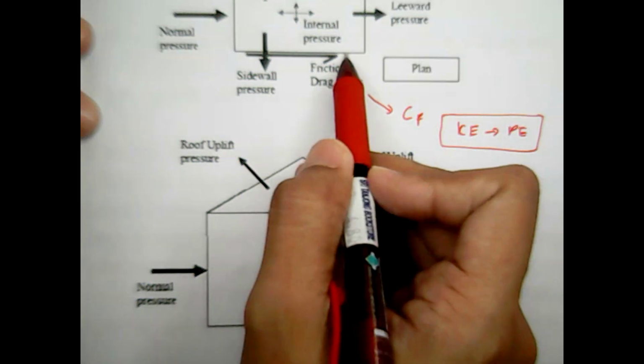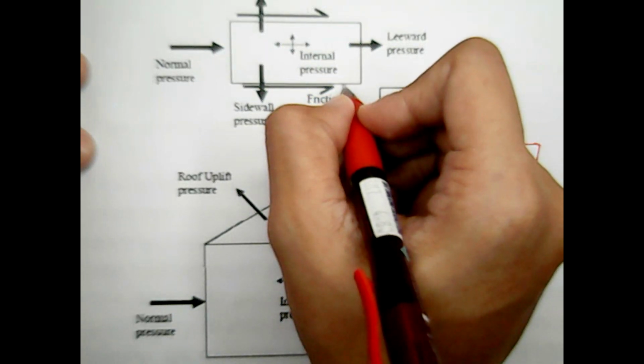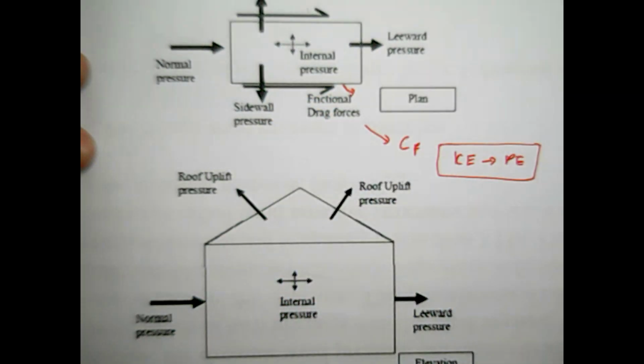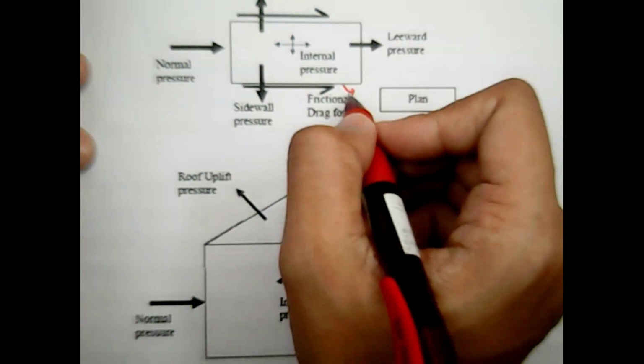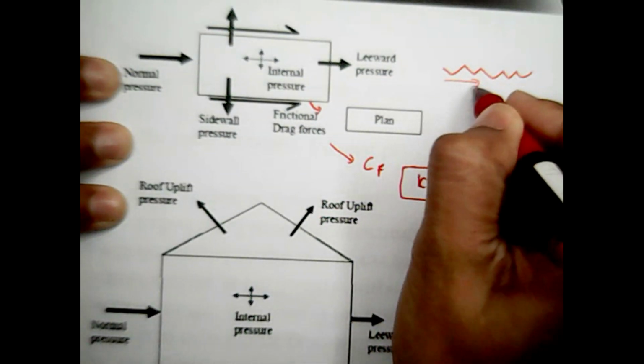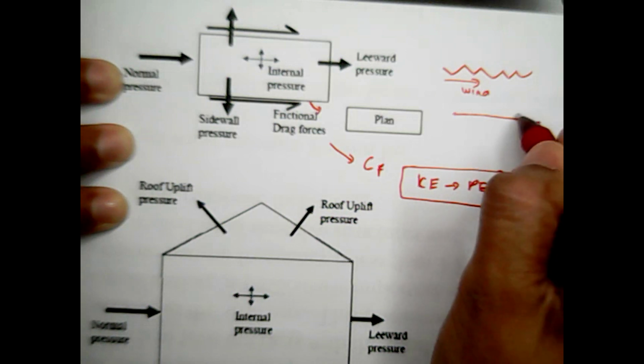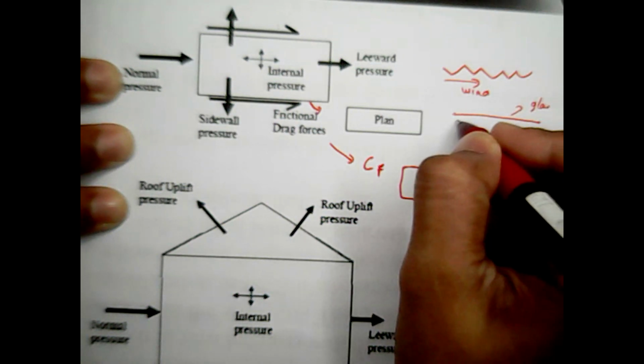If you have a very rough surface, for instance a corrugated surface, compared to a very smooth surface like glass, the frictional drag forces for the rough or corrugated surface will be higher. Okay, so that's what I'm trying to say.